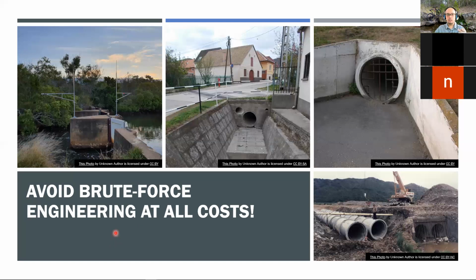It's really easy for us, we're engineers, to say, let's manipulate nature and nature's features through brute force engineering by introducing artificial landscapes and artificial infrastructure. But you see, the problem with brute force engineering is this: if you take storm drains, for example, where do these storm drains run off to?